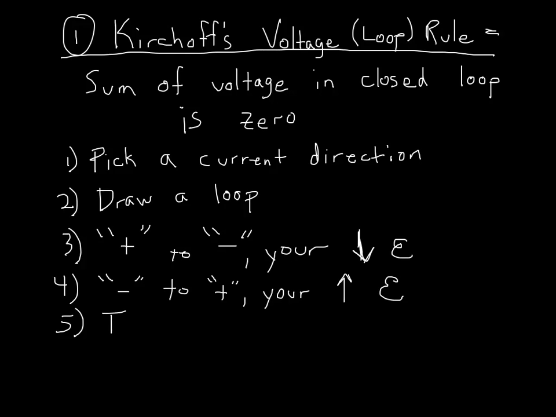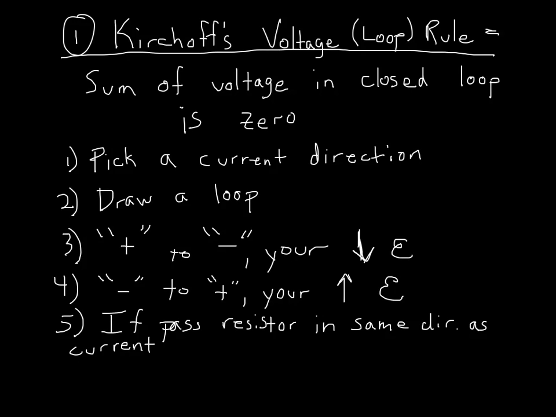Then, final 2 steps of the loop rule. If you pass a resistor in the same direction as your current loop, then your voltage drops.